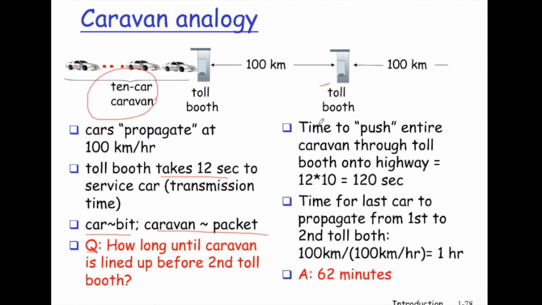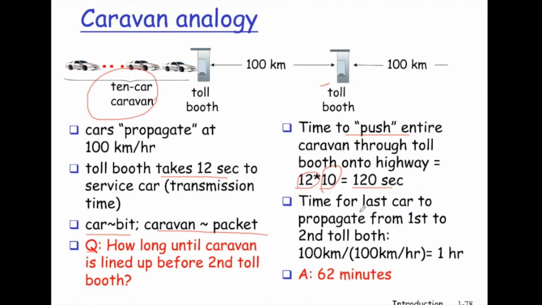All right, so transmission delay plus the propagation delay. What is the transmission delay? We have 12 seconds serving per bit, and there are 10 bits. So the time to push the entire caravan out of the toll booth is 2 minutes.